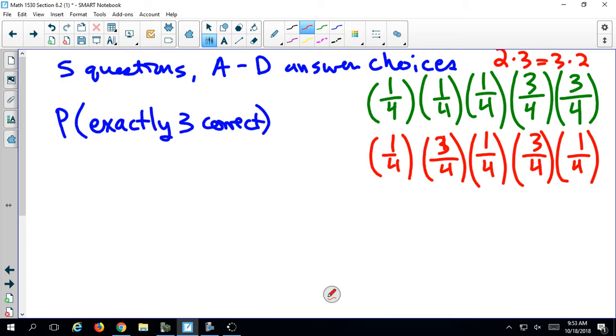It doesn't matter what order they're multiplied in. So you're multiplying the exact same things here. And every different way to get 3 correct and 2 incorrect, you're going to get the same thing on all of them. So part of our calculation here is going to be, well, I know I'm going to be multiplying 1/4 3 times.